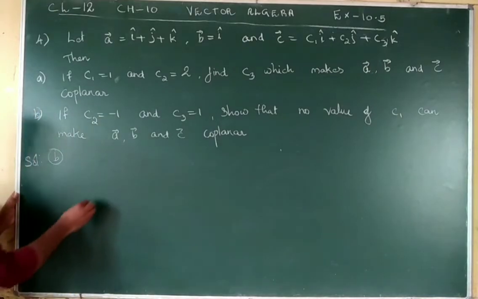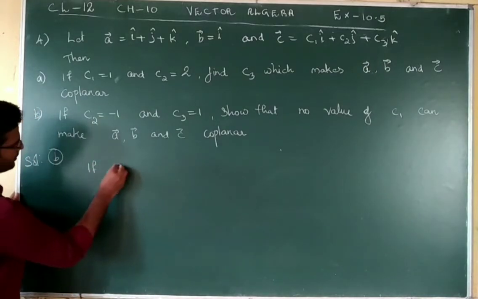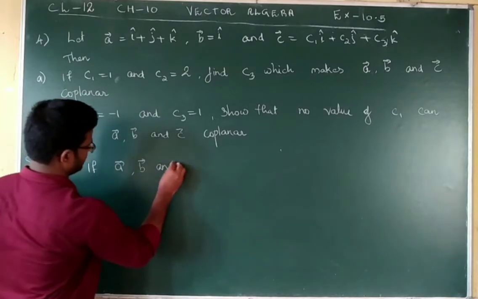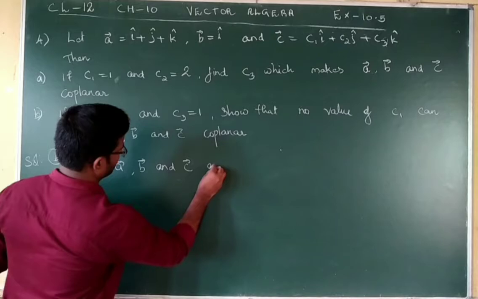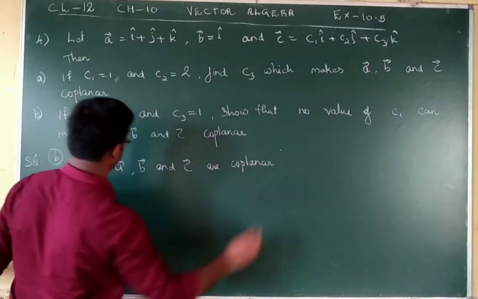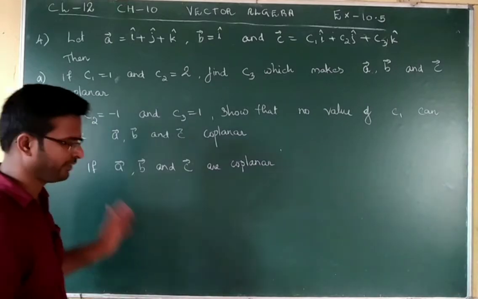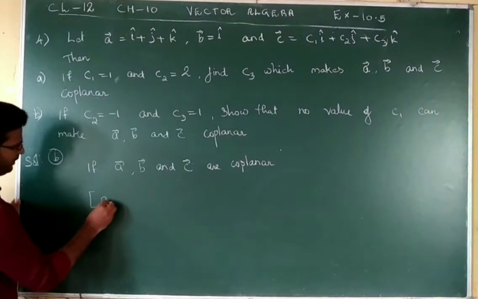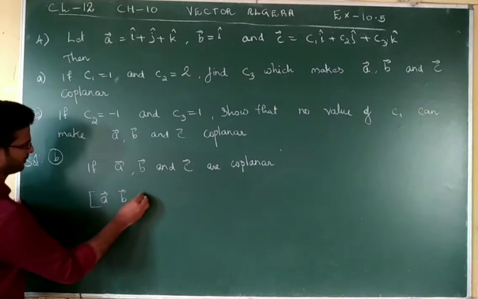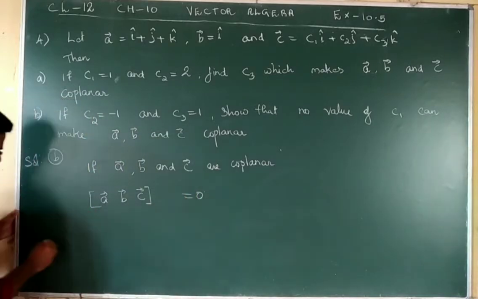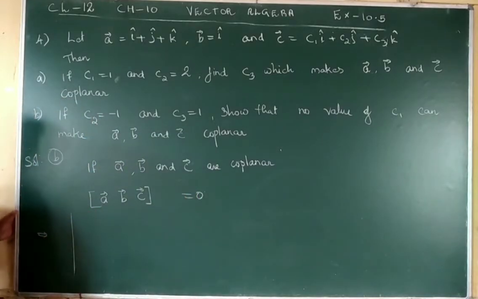If A, B and C are coplanar, we'll consider that three vectors are coplanar. That time we can write A vector, B vector, C vector equal to 0. Then what is A vector?